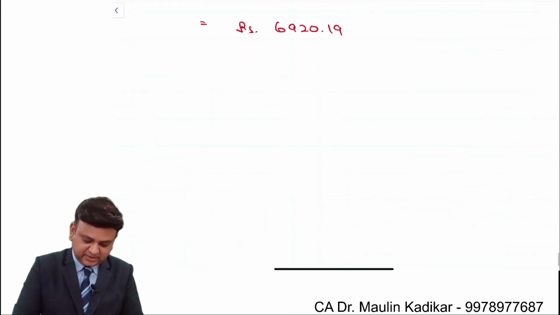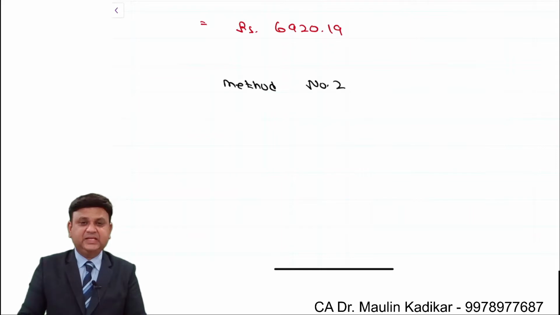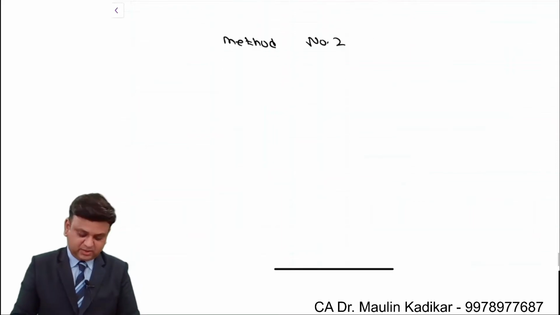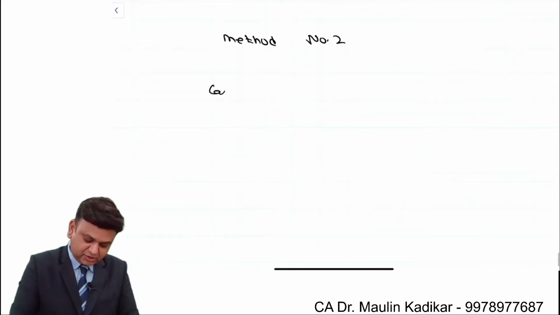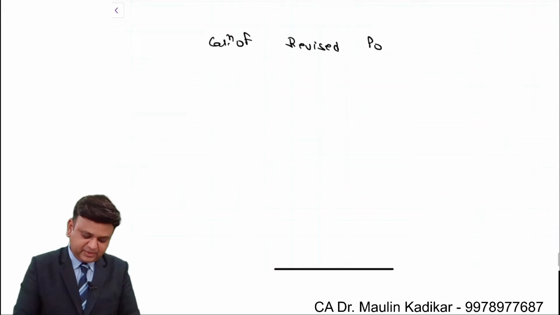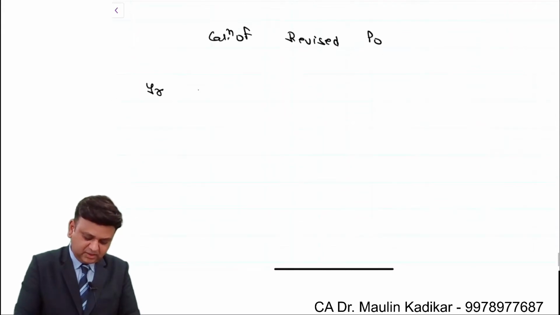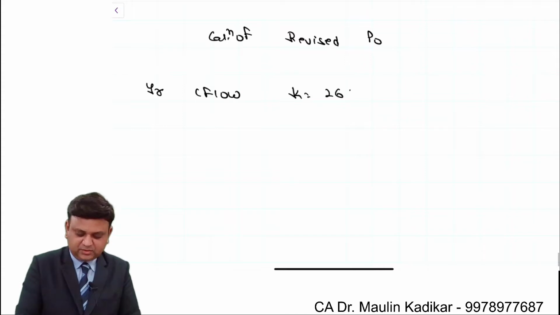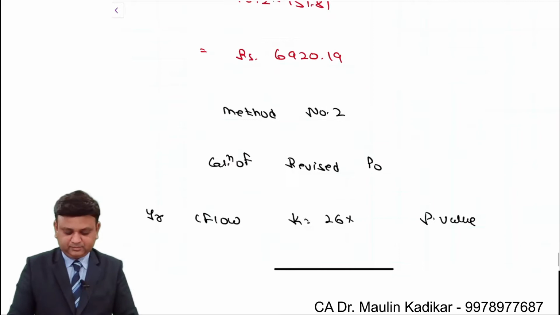And there is another method, method number 2. Let us understand how that method works. Calculation of revised P0: year, cash flow, discounting at 26% and present value.